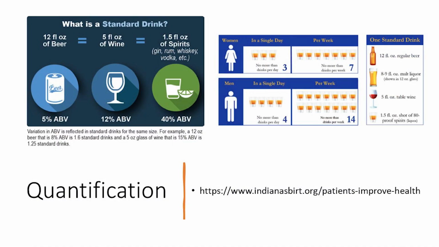And then for women, safe drinking is about 3 of those standard drinks in one day. It shouldn't be more than 3, and not more than 7 in 1 week. For men, it shouldn't be more than 4 and not more than 14 in 1 week.